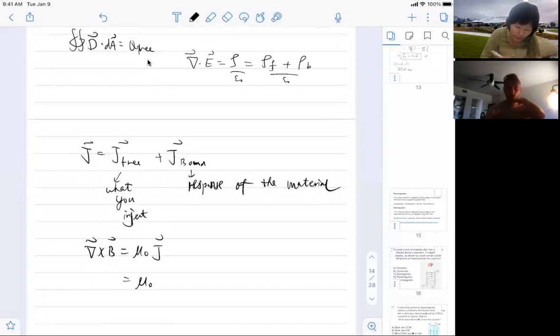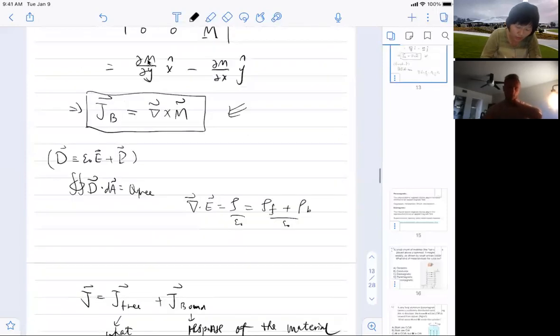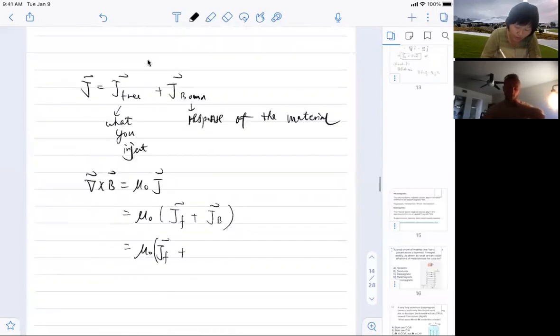Here we have J free and J bound. So you're going to do J free plus J bound. It's all part of your currents. J bound is the curl of M. I'm going to replace J bound by the curl of M in the curl of B equation.